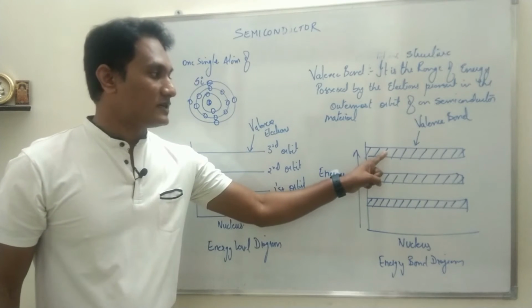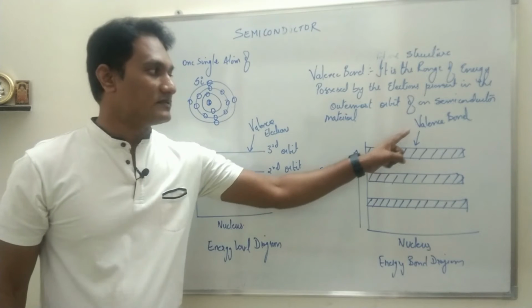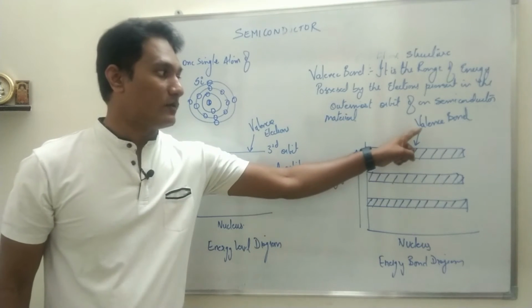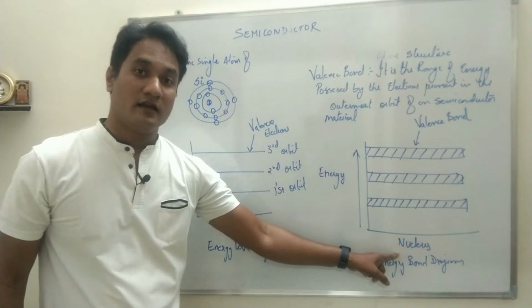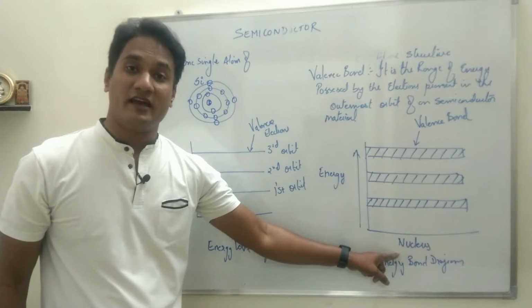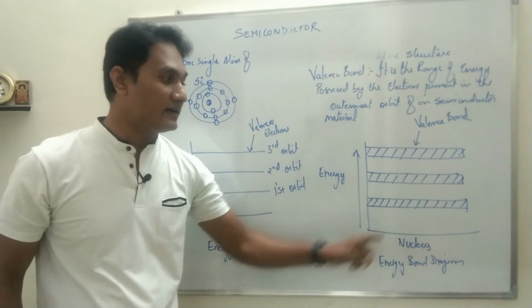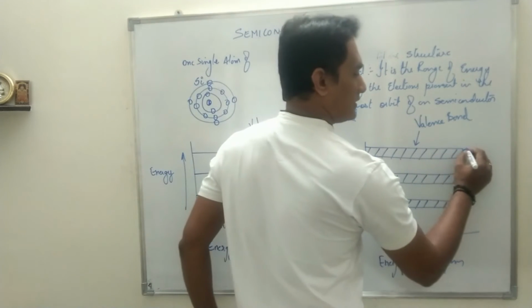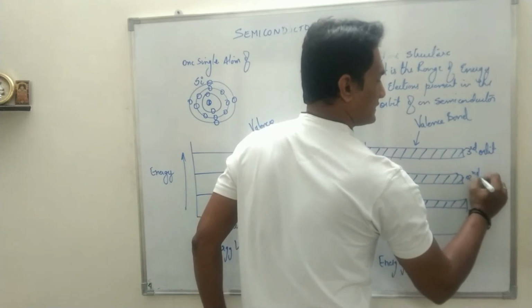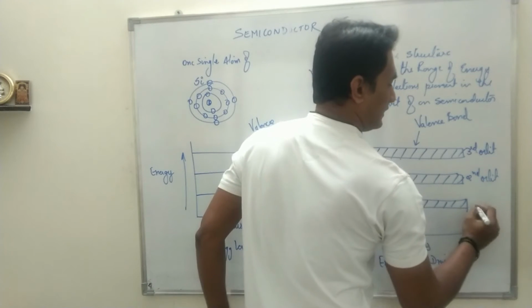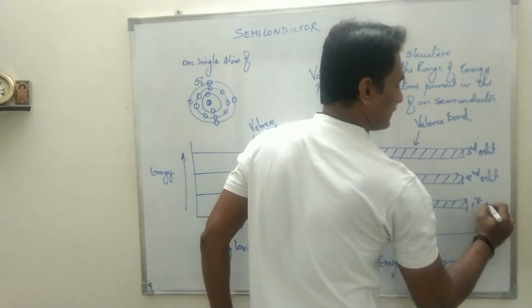Now, as I said, the electrons present in the valence band, the outermost orbit, are loosely attached to the nucleus, but have very high energy as compared to the second and the third. So this is the third orbit, this is the second orbit, and this is the first orbit.